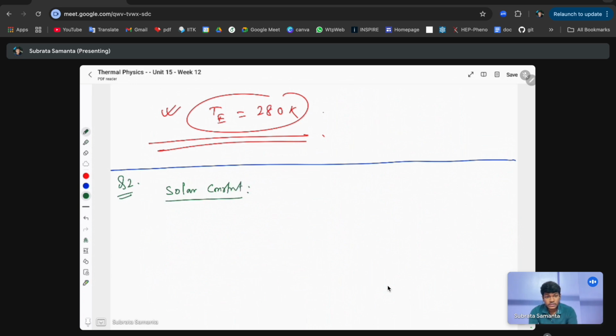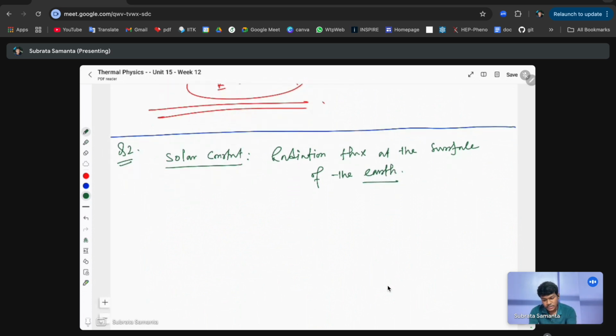The solar constant is basically the radiation flux at the surface of the earth.